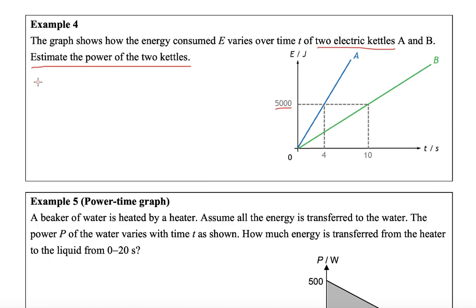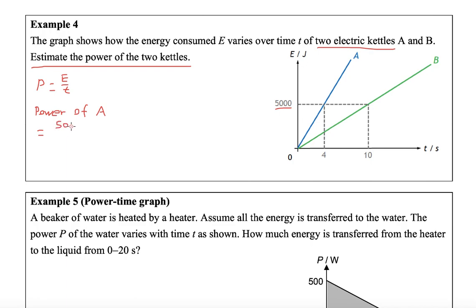And how to estimate the power? You just use P equals E over T. And here there are no values stated in the question, but all the things are in the graph, in the ET graph here. So for A, the power of A here is energy over time. And how much energy did it consume, which is 5,000 joule.